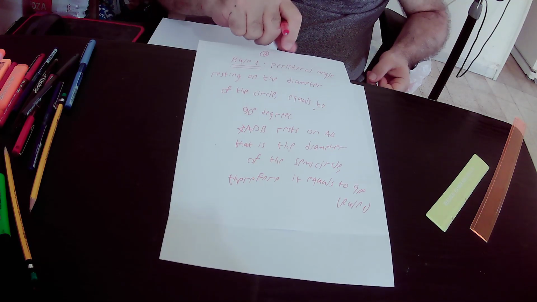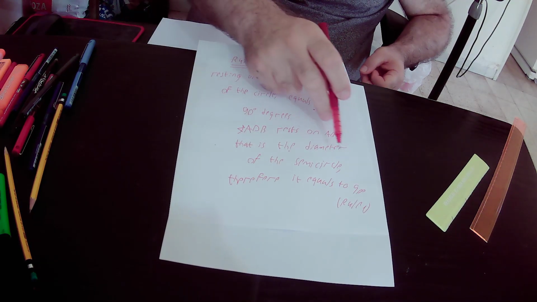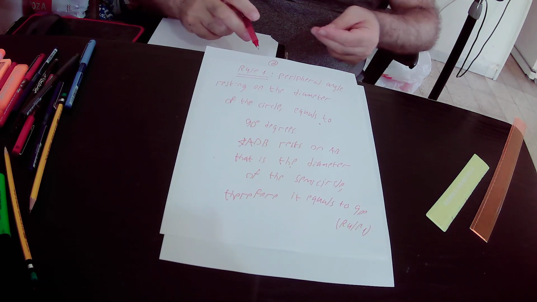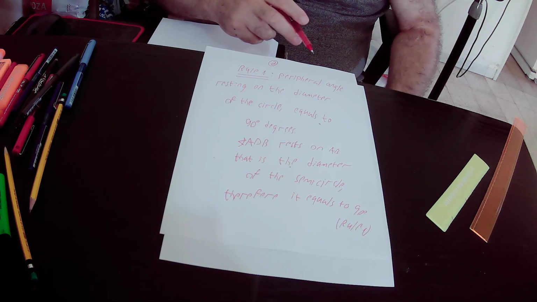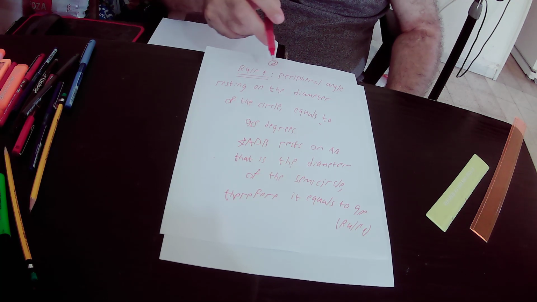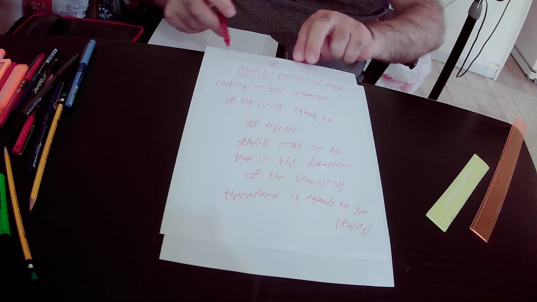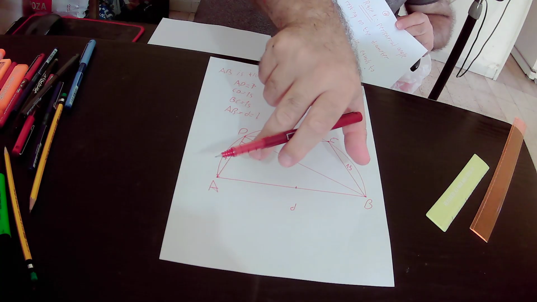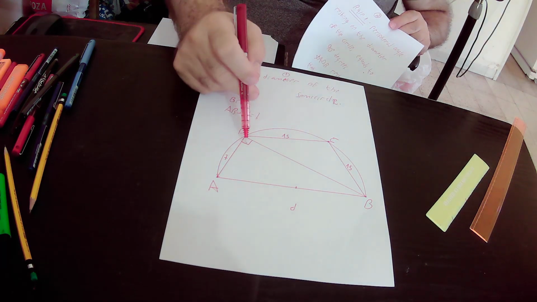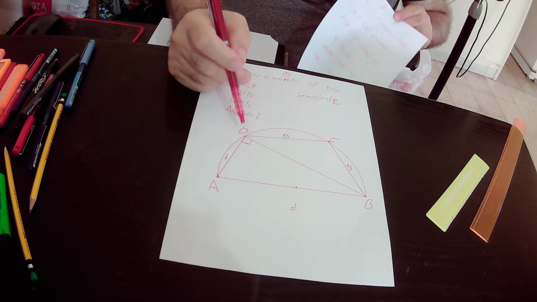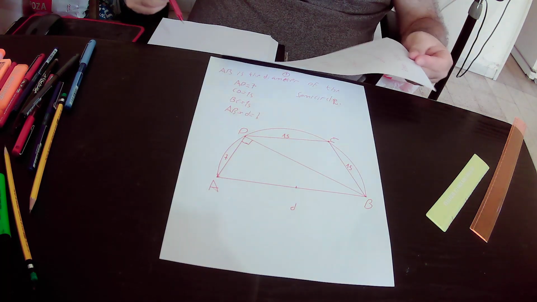Therefore, according to rule number 1, it equals 90 degrees, because rule number 1 states that peripheral angle resting on the diameter of the circle equals 90 degrees, and peripheral angle ADB rests on the diameter of this semicircle, therefore it equals 90 degrees. So this angle ADB equals 90 degrees.